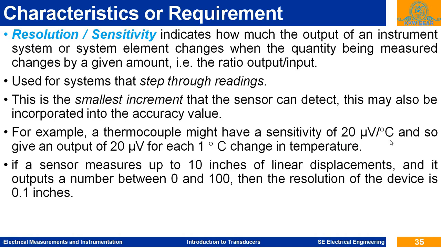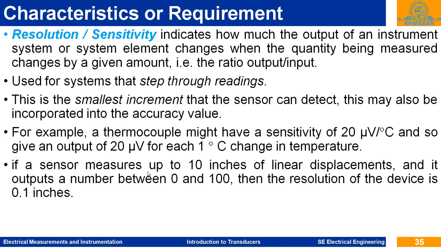But if there is a 0.5 degree centigrade change, it will give you a 10 microvolt output. Okay. And so it gives an output of 20 microvolt for each 1 degree change in the temperature. Okay. So that is called sensitivity or resolution. Means the smallest increment that should be read by the transducer.